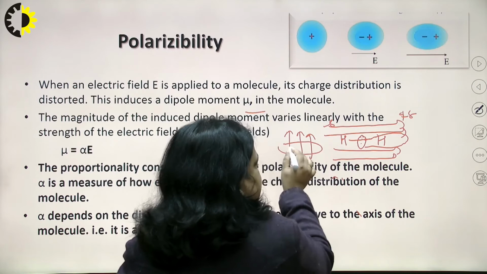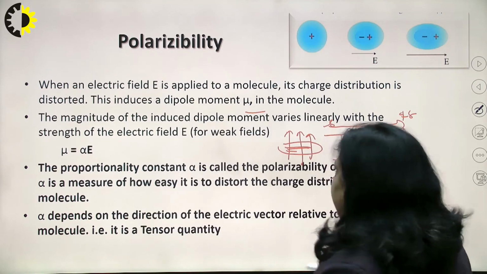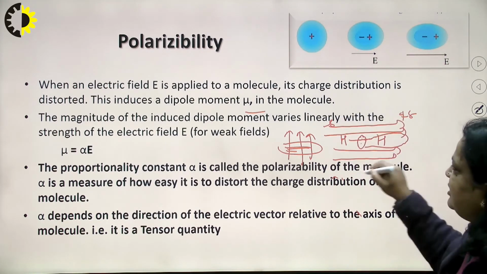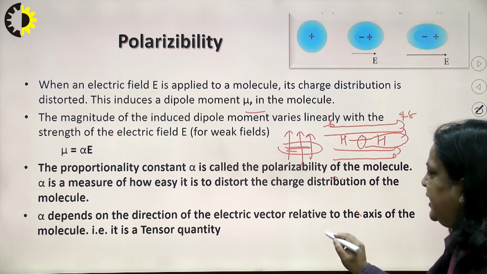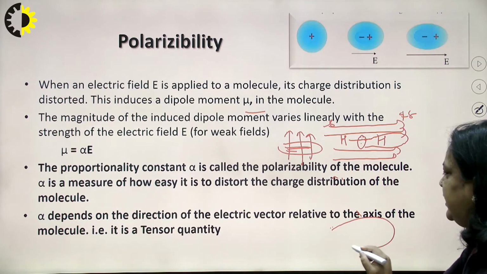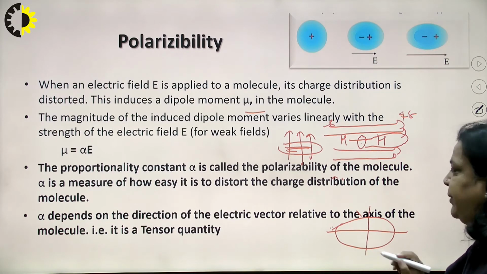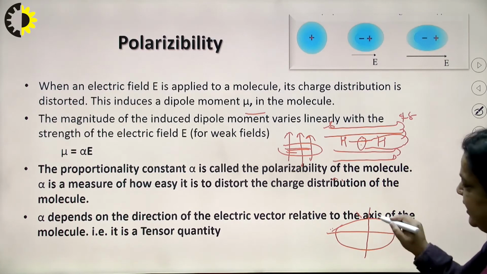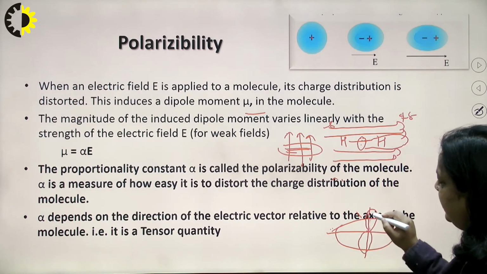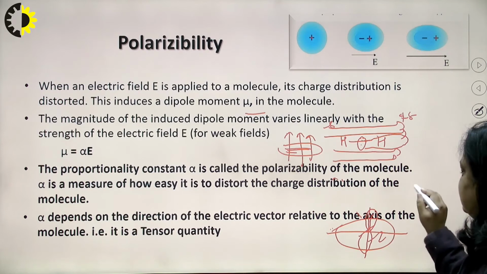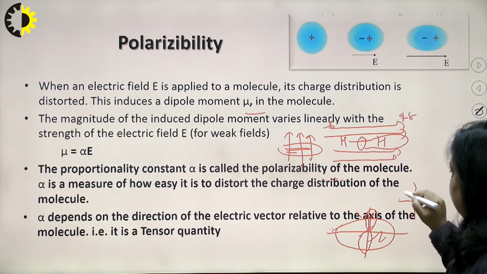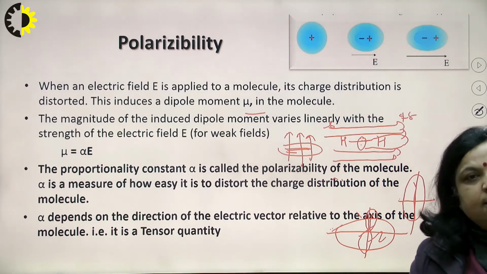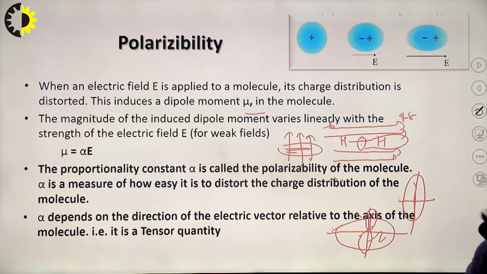In this case, we can imagine that the shifting of the electron pair will be less compared to the parallel field. So, this shifting or polarity follows an elliptical order; this is the major axis and this is the minor axis. The minor axis shows that the polarizability is more. Here the ellipse is not like this, it is like this, and the major axis means that the polarizability towards this axis is low.